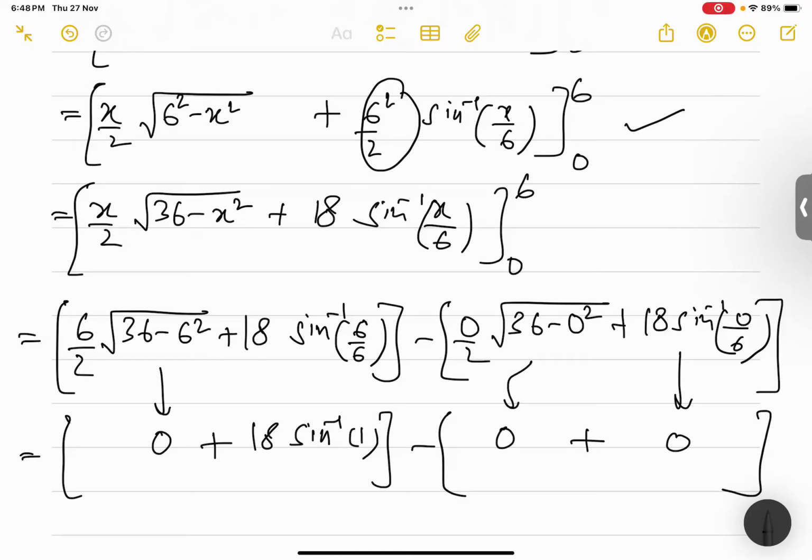Sine inverse 1 is pi by 2. So the value of A will be 9 pi square units.